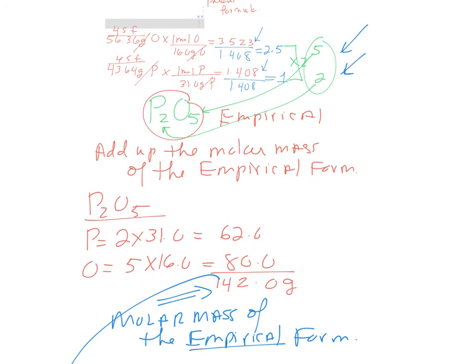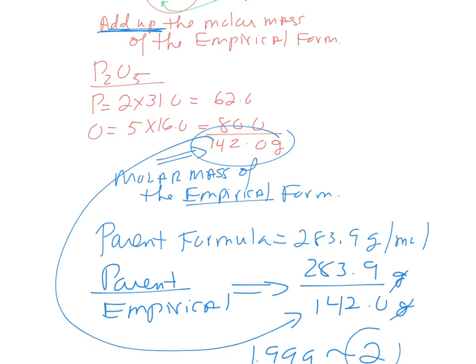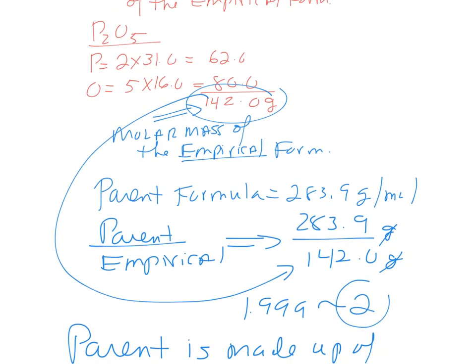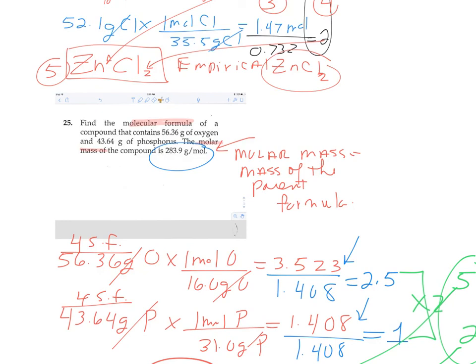Then the key is that you add up the molar mass of the empirical, which we added up to be 142.0, and then we divide that into the molar mass of the parent formula that they gave you in the problem. In the problem, they're going to call that the molar mass. So look up here, the molar mass of the compound.